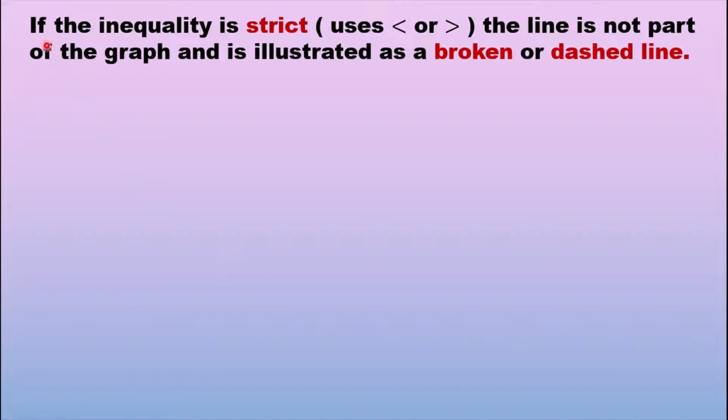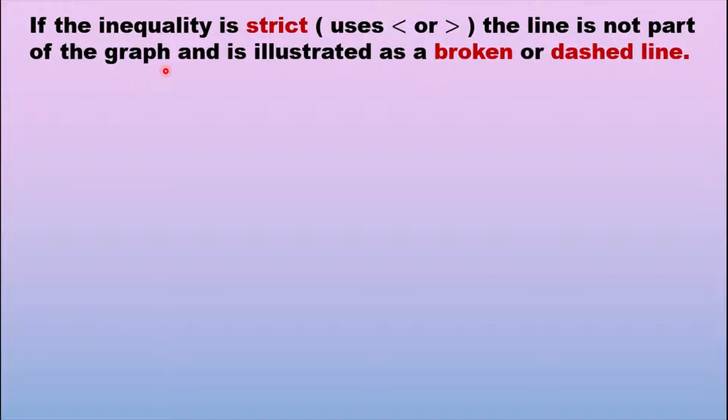If the inequality is strict, it uses is less than or is greater than. The line is not part of the graph and is illustrated as a broken or dashed line. So, pag strict yung inequality, titingnan lang natin yung ating inequality symbol ay is less than or is greater than. So, the line is not part of the graph.